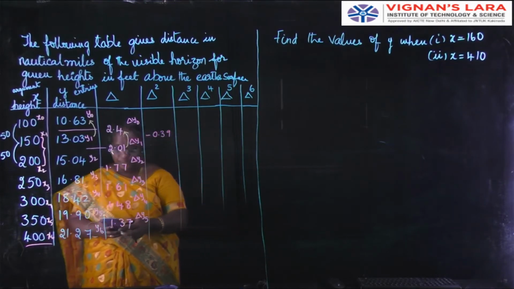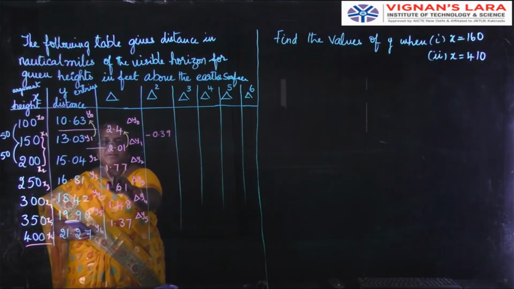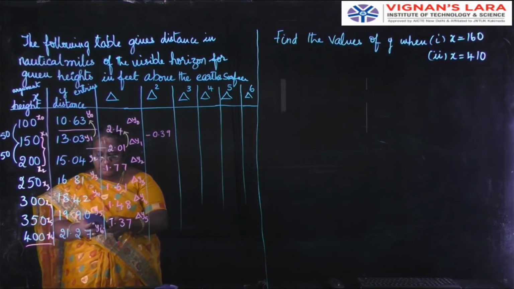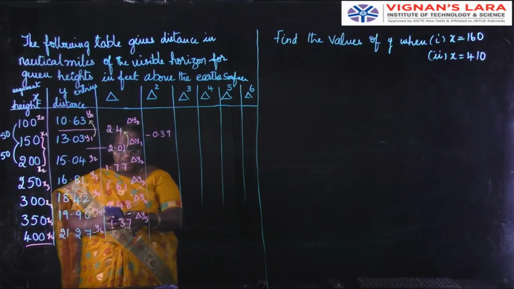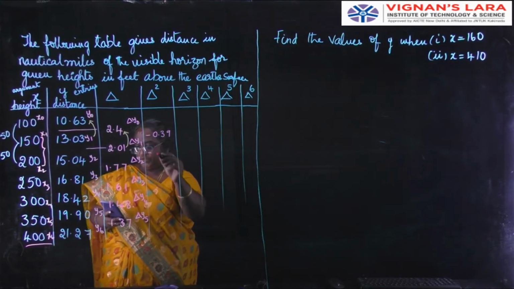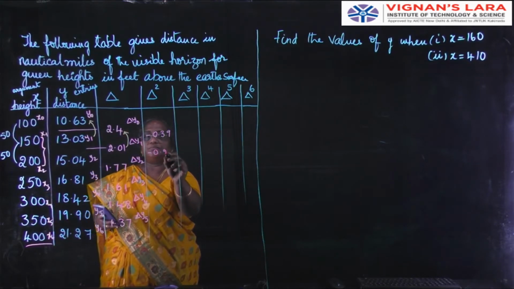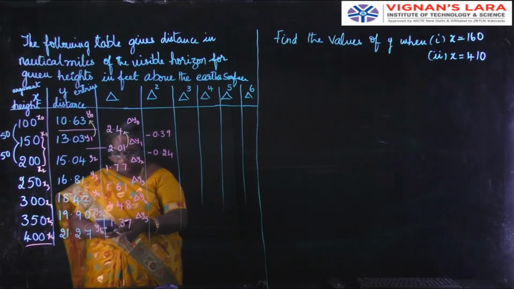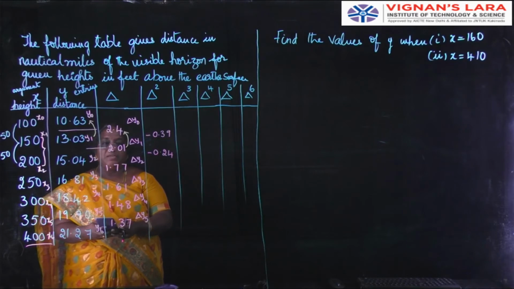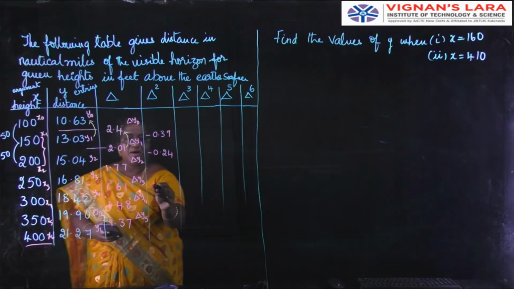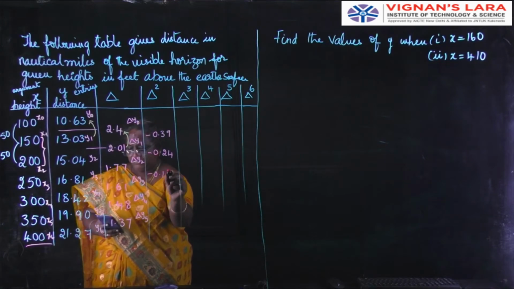Next, 1.77 minus 2.01. It is minus 0.24. Next, 1.61 minus 1.77 is equal to minus 0.16.